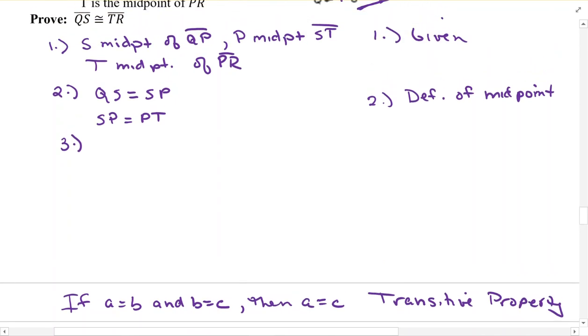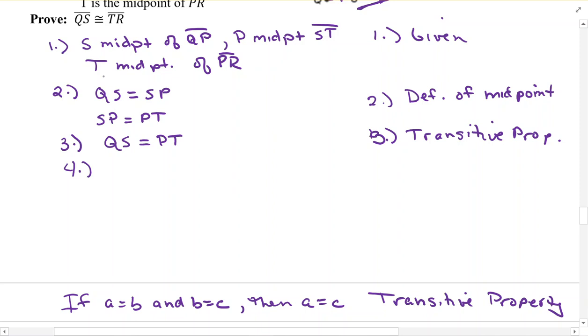So we have that pattern here. QS equals SP and SP equals PT. So then QS equals PT, and that is the transitive property. Basically, it's like the substitution too. I would substitute QS in for SP.